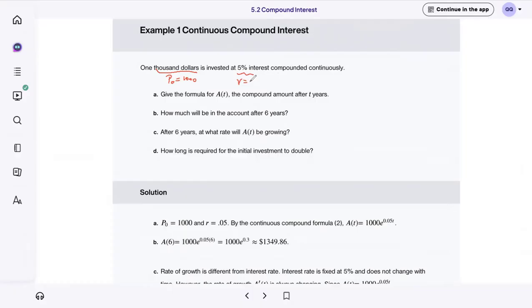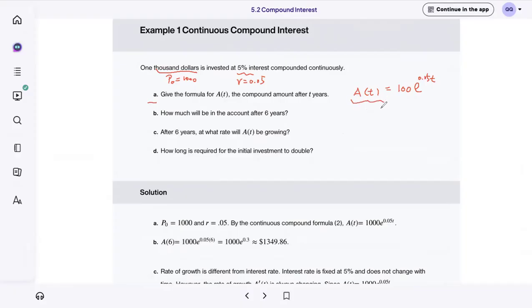So the little r equals 0.05, that's the equivalent value to 5%. So part A, give the formula of A(t).